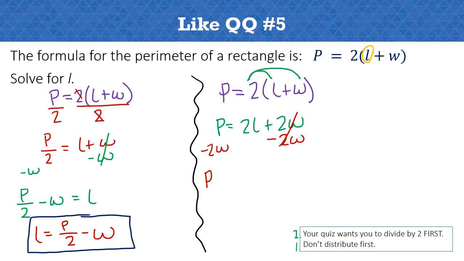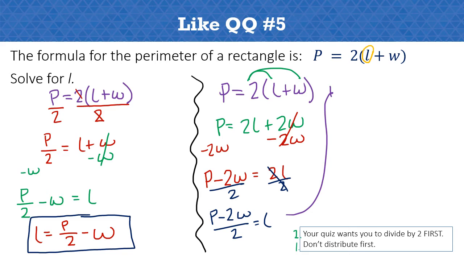So we have P minus 2W is equal to 2L. Divide both sides by 2. Now we have P minus 2W over 2 is equal to L, or if we put the L on the left-hand side, L is equal to P minus 2W divided by 2.